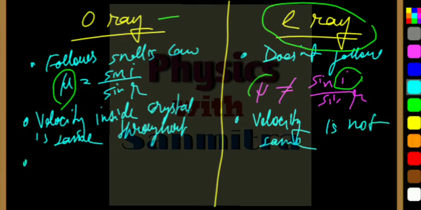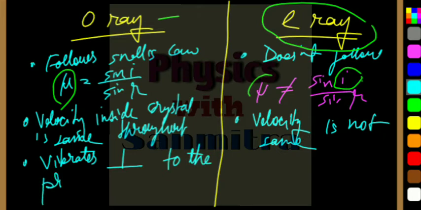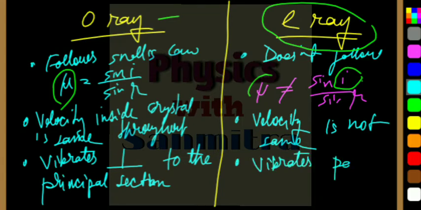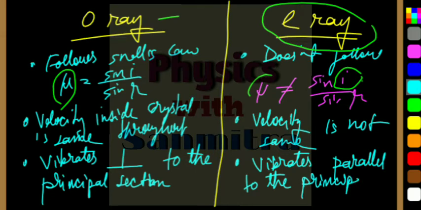Now the last point: the O ray vibrates perpendicular to the principal section, but here the E ray vibrates parallel to the principal section.